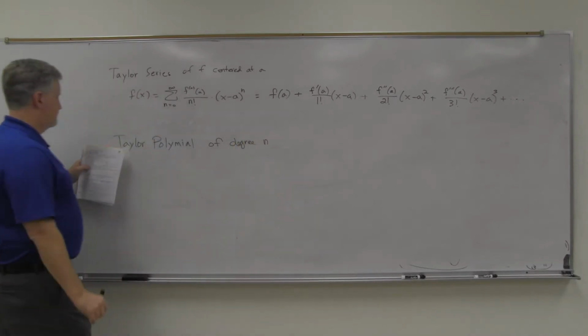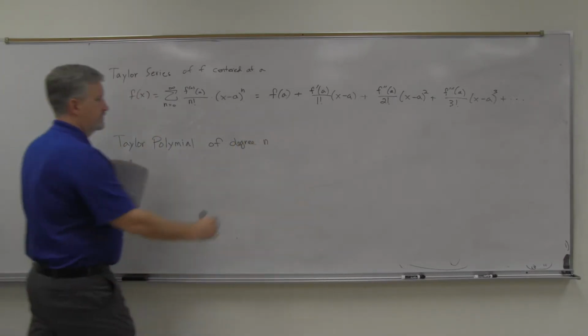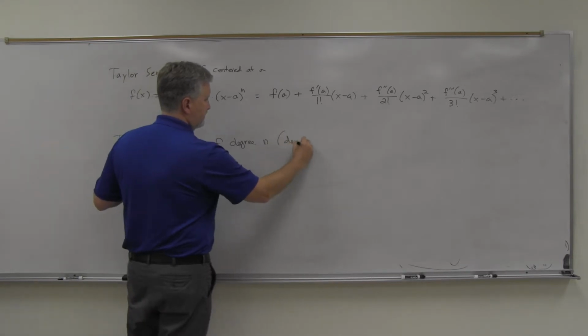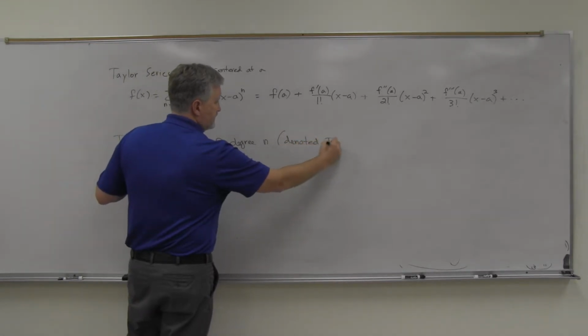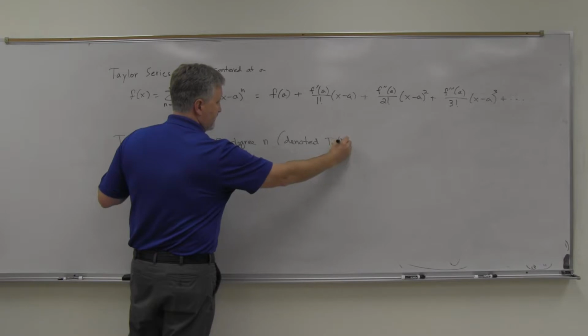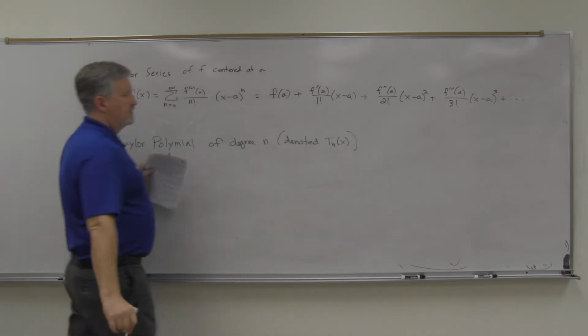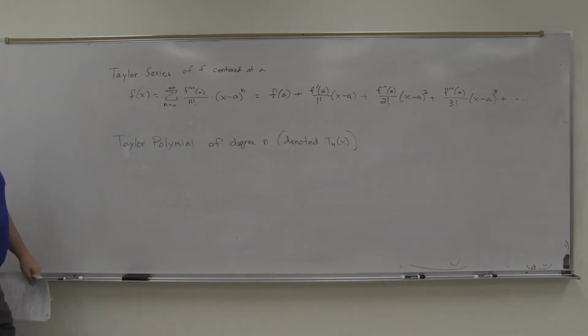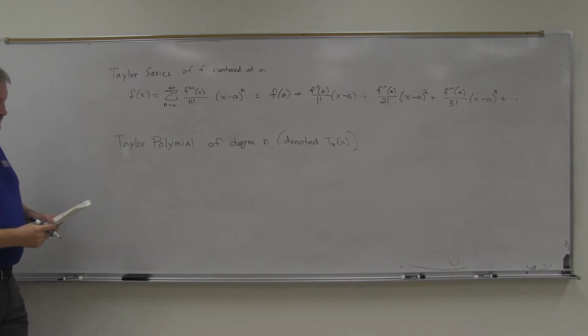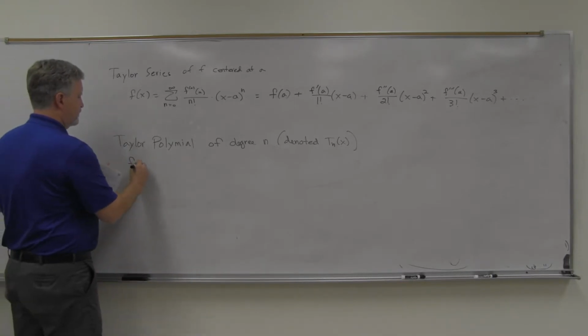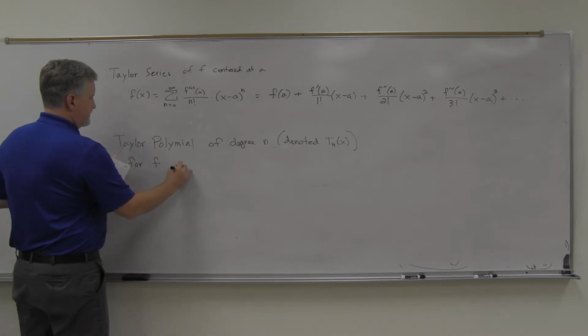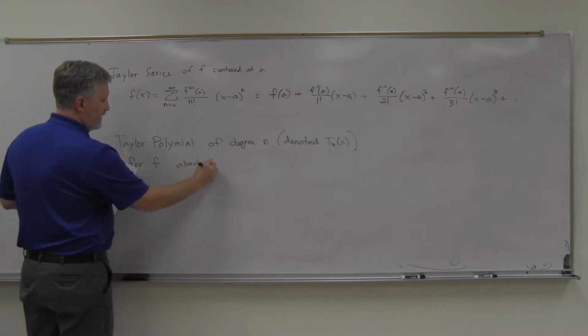So by definition, a Taylor polynomial of degree n is going to be denoted T sub n of x, T for Taylor. So the degree is n for function f about a, or centered at a.